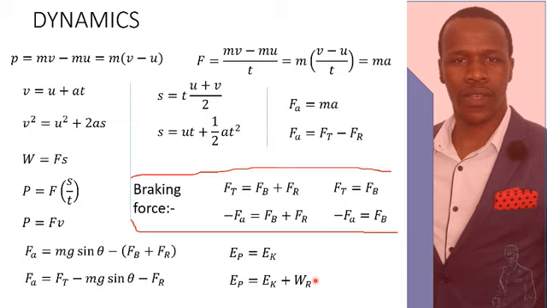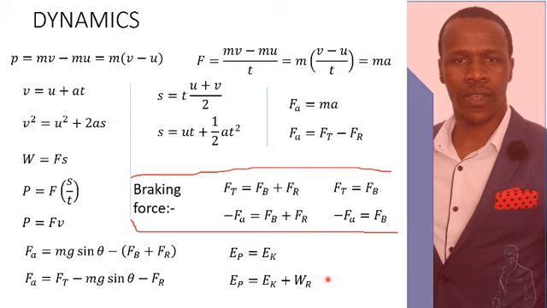You know the formula for work done. Work done is equal to force times distance. So our force will be Fr times whatever distance is given. So that will be your force.